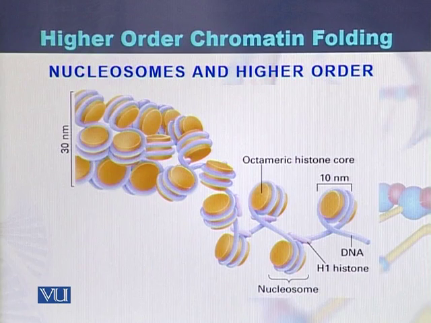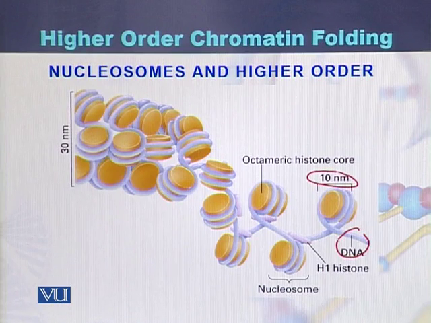Here is another pictorial view of the nucleosomes. DNA is wrapped around the histone molecules, and its diameter is shown as 10 nanometer, and the H1 histone molecule has put a knot.